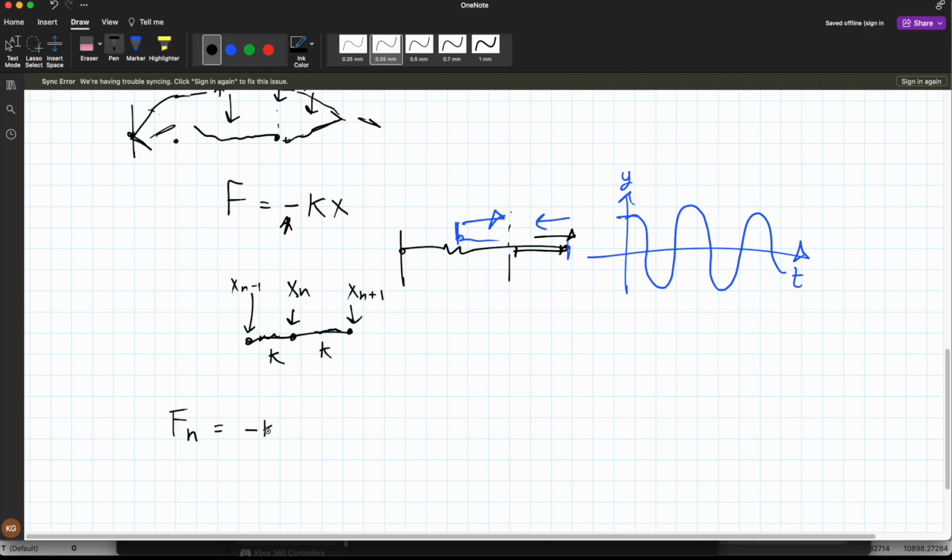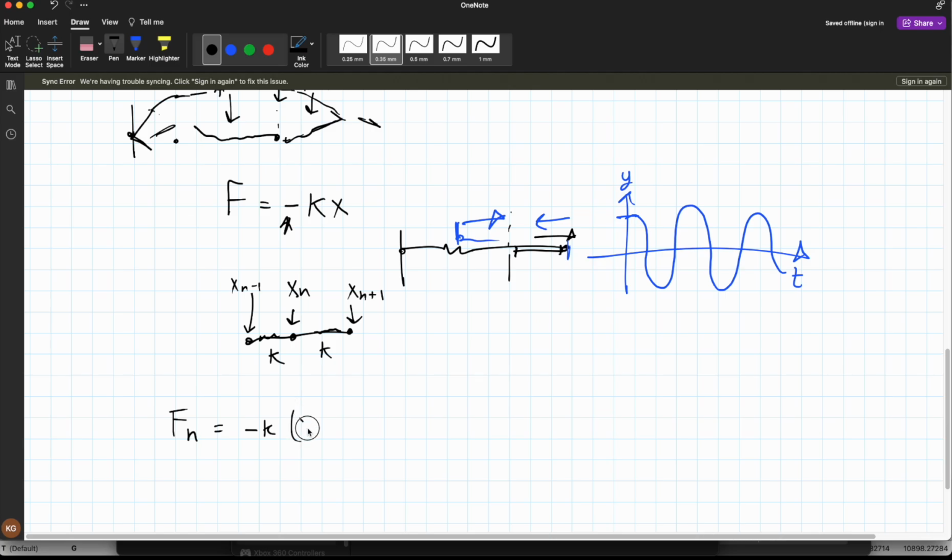So minus k, because we have this minus k here, so we know we're going to need that. And then if our xn mass is really close to xn plus 1, it's going to get pushed back. So we can write down that when this distance is small, we go left.